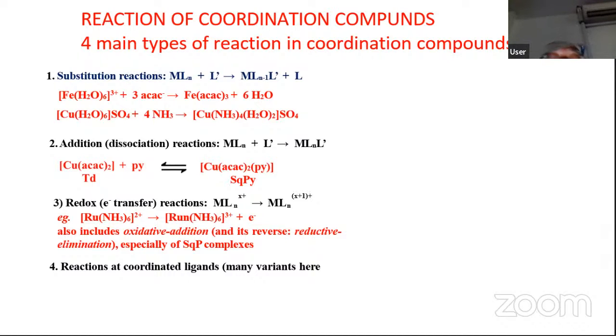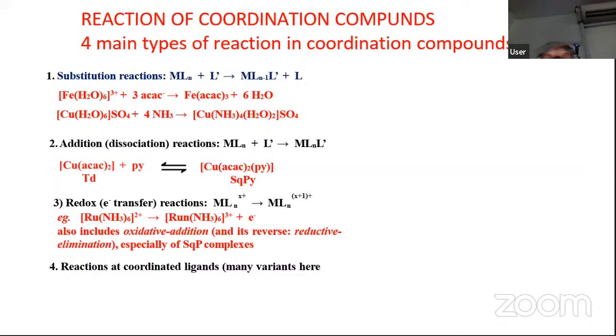But it's also good to know there are other reactions as well that can take place in the coordination compound. One is addition reaction. Addition reaction means adduct, mix together. So the complex forms a bond with the new ligand and makes a new compound joined together.